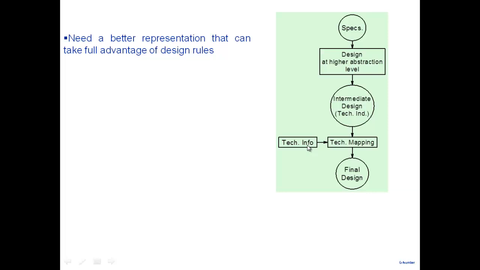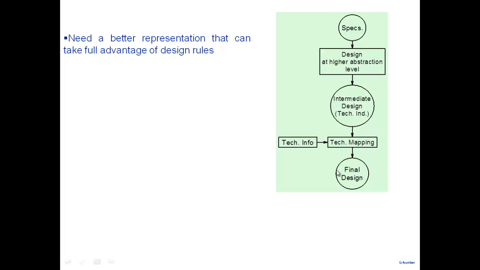All the design rules in actual microns. That technology information, in the next design step, I will add to my intermediate design and get the final layout. So this is what we are looking for. So what kind of an intermediate design stage is it which has some information about the layout, but is technology independent?